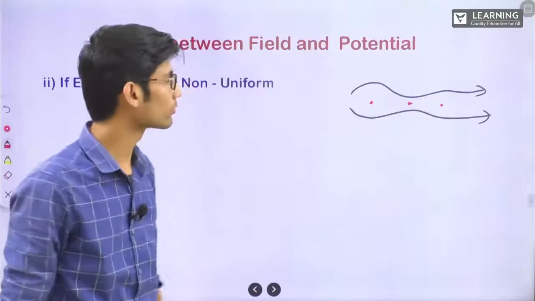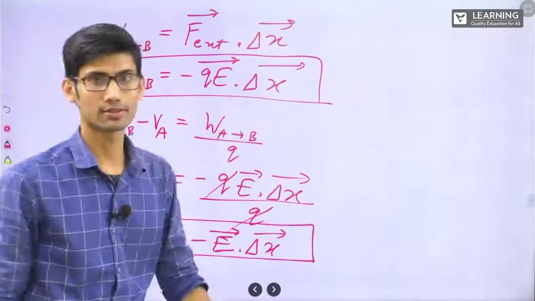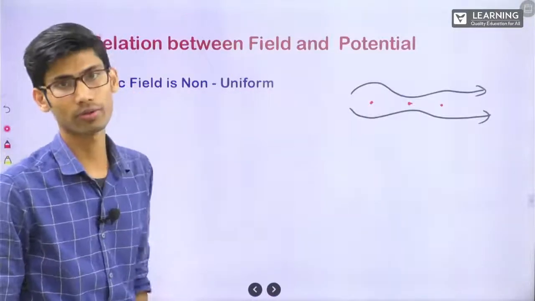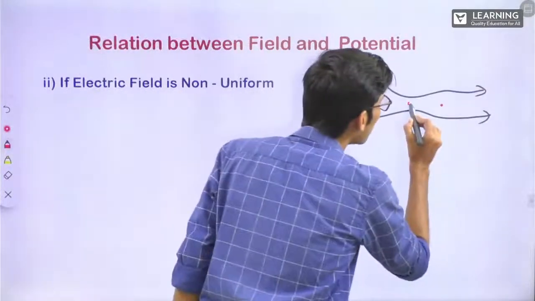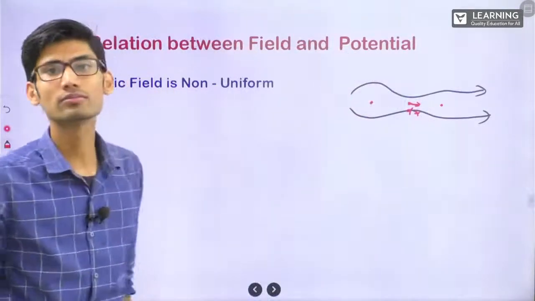Now we know delta V is equal to minus E dot delta x. But here it is not uniform. For a very small distance, dx, can I consider the electric field as uniform?